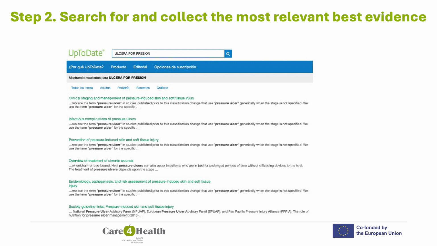It presents search results in a clear and user-friendly format designed for quick reference, especially during clinical decision making. The downside is that a subscription is required, although hospitals or organizations often cover the cost through institutional access.